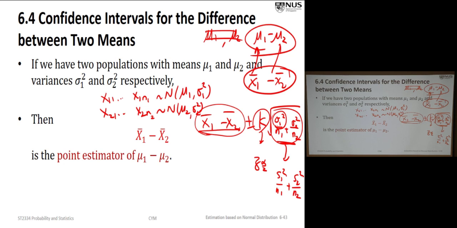And the variance, sigma 1 square over n1 minus sigma 2 square over n2. Is it correct? Is this correct?